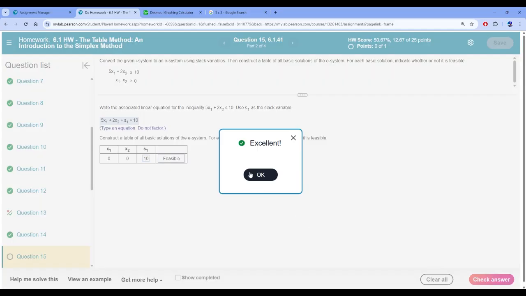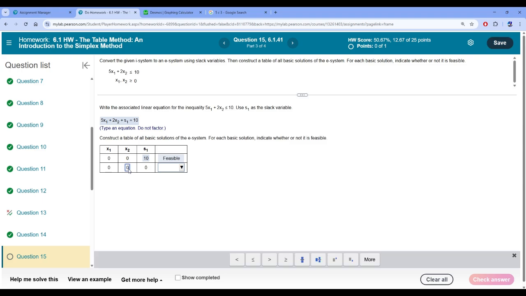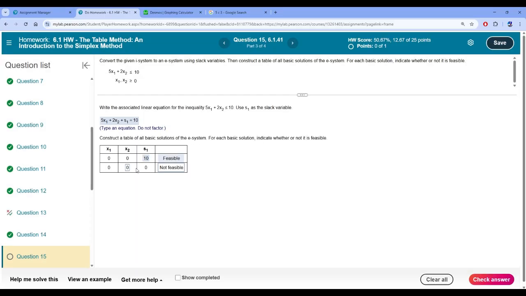Feasible. Equation 2. 0, not feasible. Substitute the known values into the solution and solve for the unknowns. A solution in which the slack is non-negative is called a feasible solution.